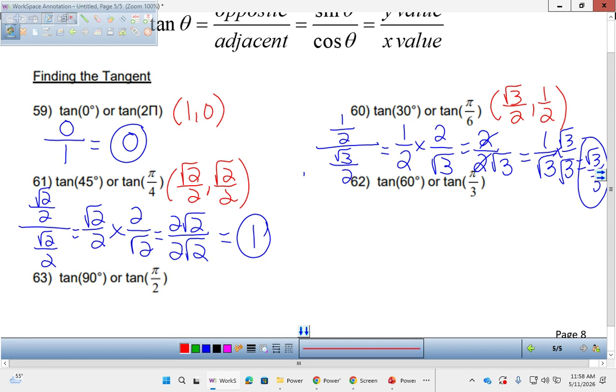So now if I'm at 60 degrees, here's the coordinate point. So tangent is y divided by x. And if I want to do that mathematically, I keep, change division to multiplication, and flip.